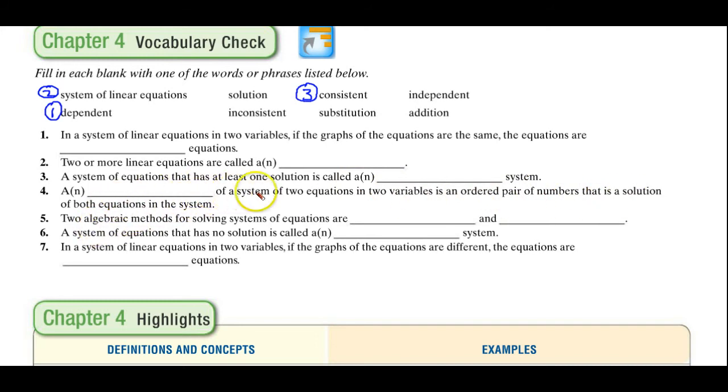Let's see, a what of a system of two equations and two variables is an ordered pair of numbers that is a solution to both. Well, a solution, I guess.